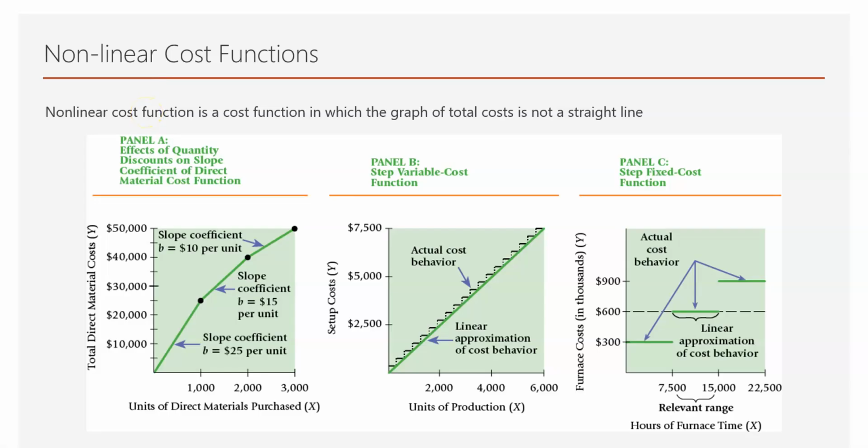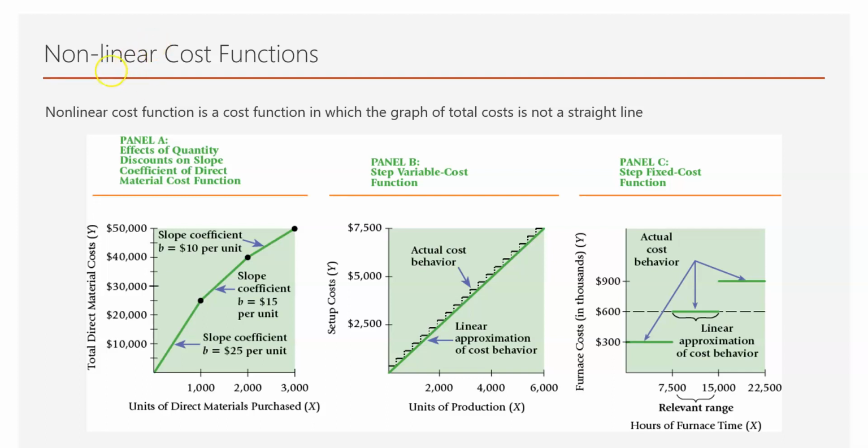A nonlinear cost function is a cost function in which the graph of total cost is not a straight line. That makes sense. Nonlinear, non-straight. So let's take a look at a couple of situations here.